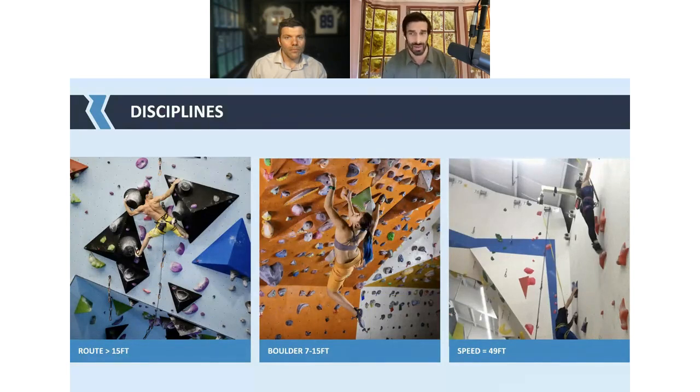And then there's speed climbing. Speed climbing is you're racing a competitor up the wall as fast as each of you can go, and you hit a timer at the top and see who has the quickest time. And it's a set, standardized route of 49 feet. So those are the different disciplines. There's a couple other disciplines in climbing, but these are the main disciplines that are utilized, especially at the international and competitive level.